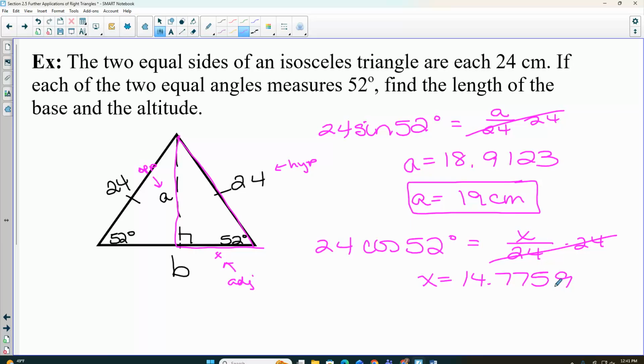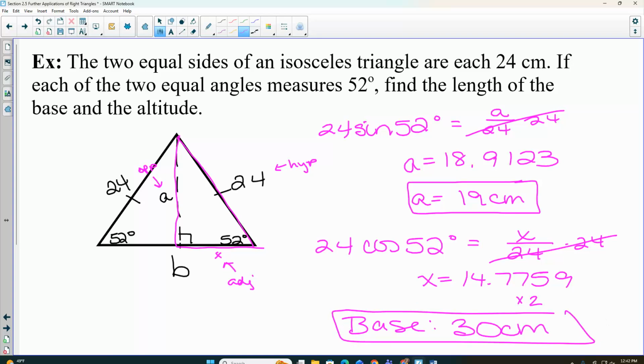How do I get the base from that? That was half, so take that number times 2. We get 29.55, so we'll have to round that up to 30 centimeters for the base. Could you also get x with Pythagoras' theorem? Yes, once you have two sides, you could do Pythagorean theorem to get the third, absolutely. Any questions on that one?